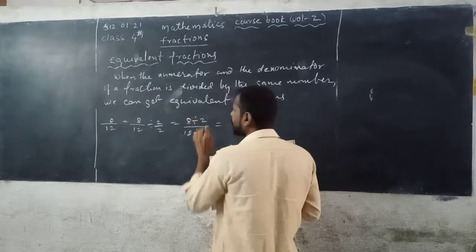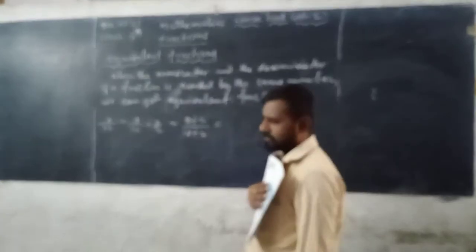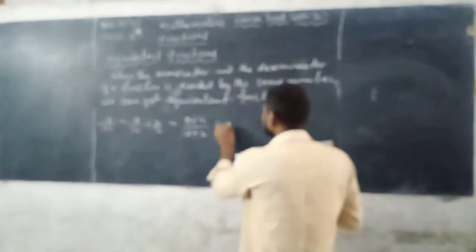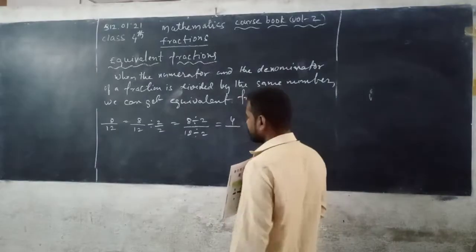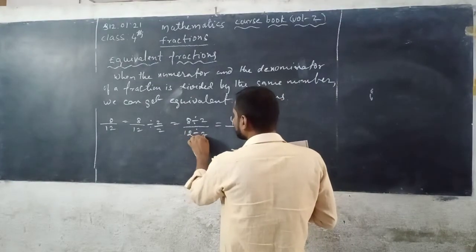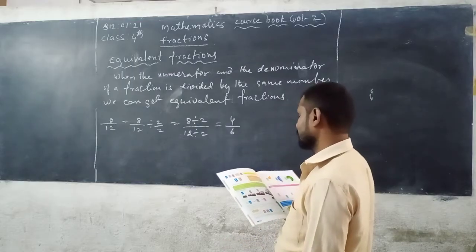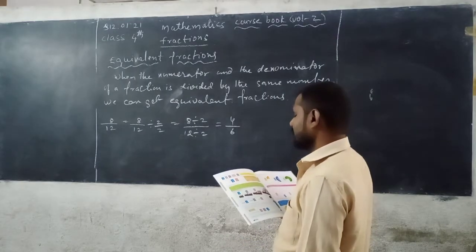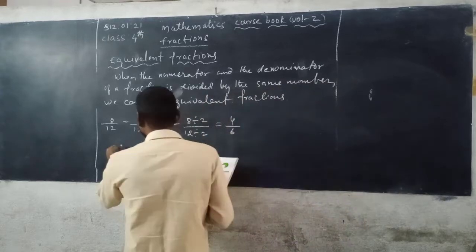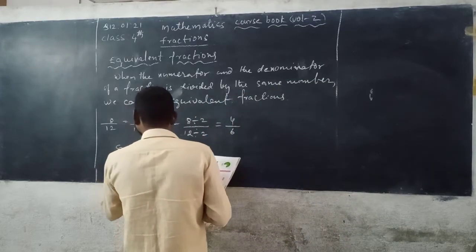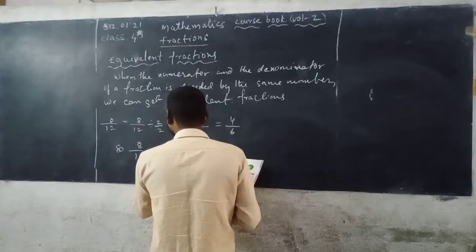So 8 divided by 2, you can read the 2 table, not the 8 table: 2 fours are 8. 12 divided by 2: 2 sixes are 12. So 8 by 12 is equal to 4 by 6.